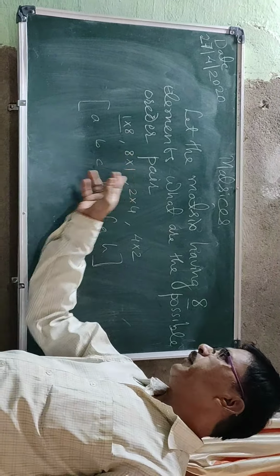Now you can see the next example. Say we have to construct a matrix of order 3 by 4, if a_ij is equal to half of the mod of minus 3i plus j.